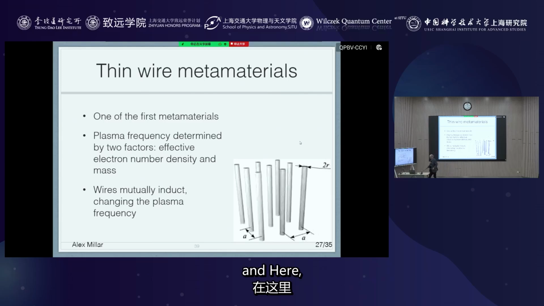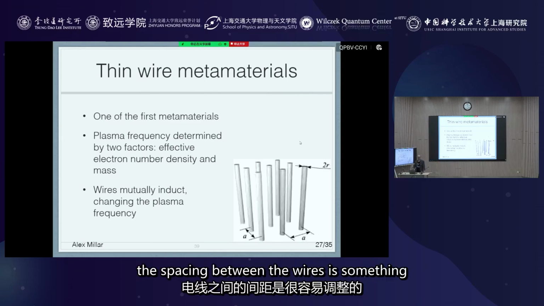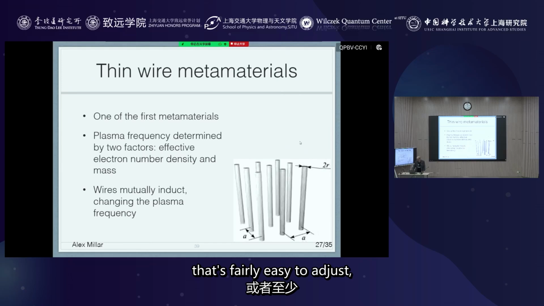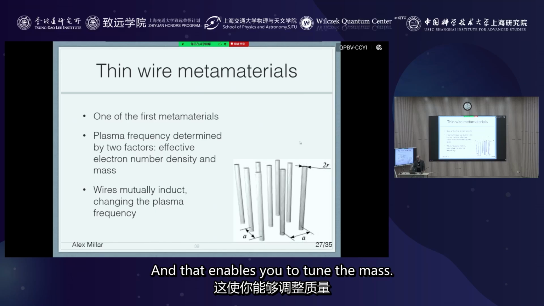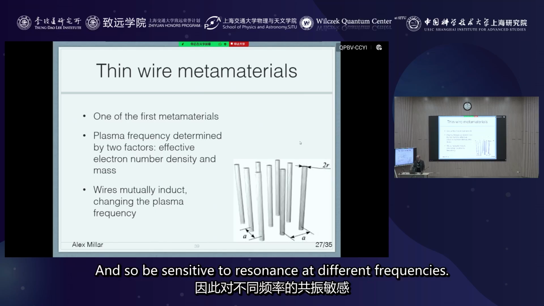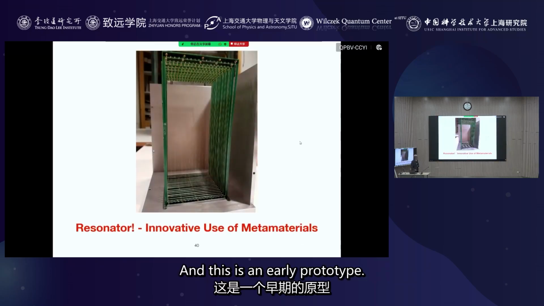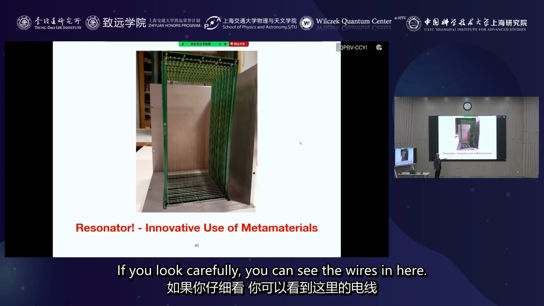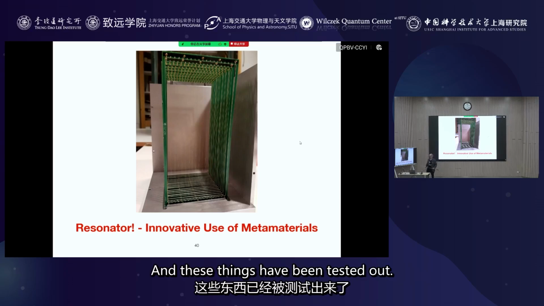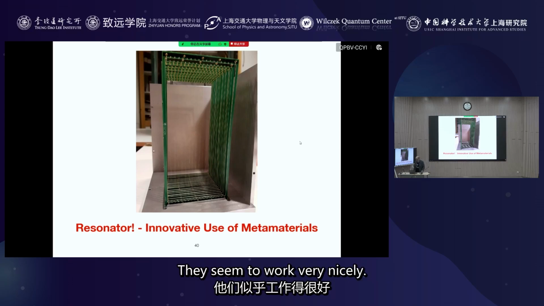And here, the spacing between the wires is something that's fairly easy to adjust, or at least to think about adjusting, and that enables you to tune the mass, and so be sensitive to resonance at different frequencies. And this is an early prototype. If you look carefully, you can see the wires in here. And these things have been tested out. They seem to work very nicely.